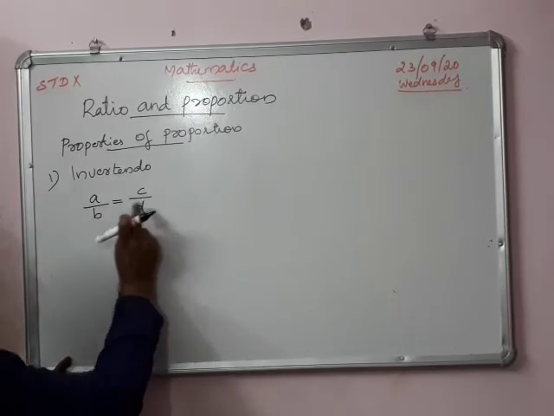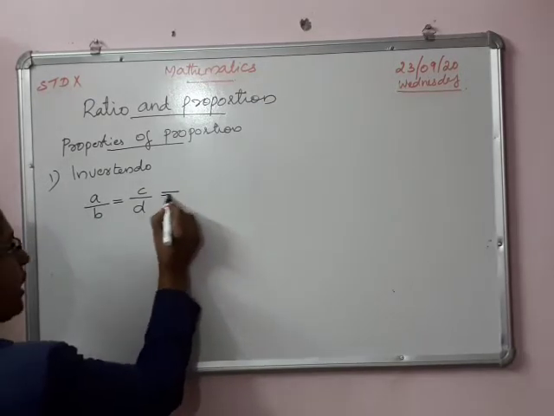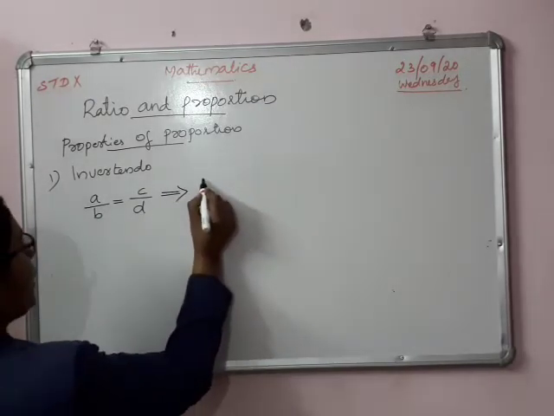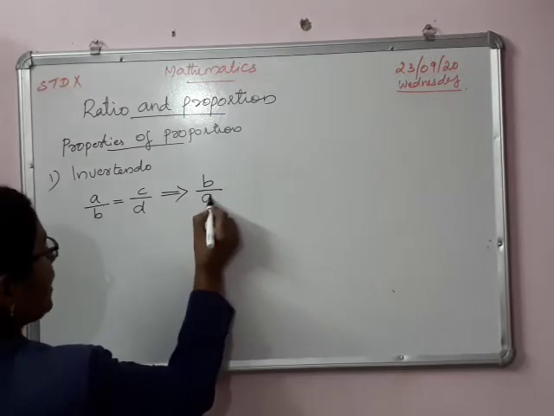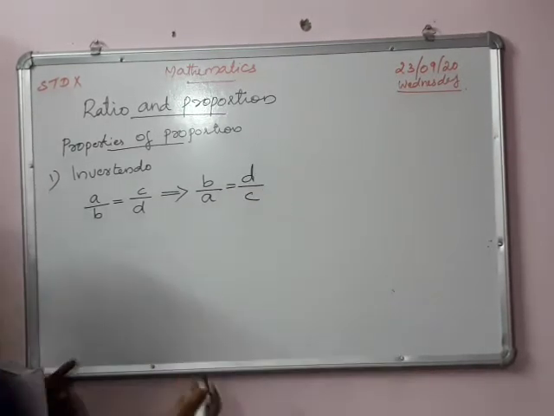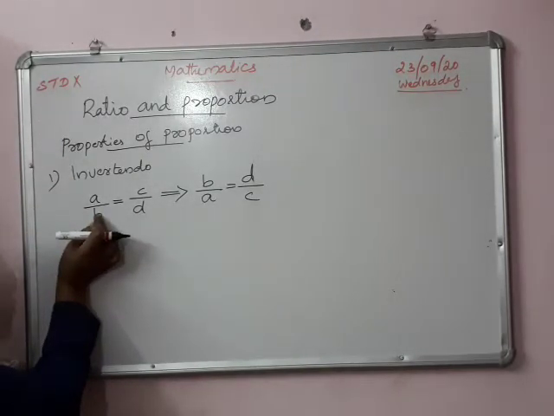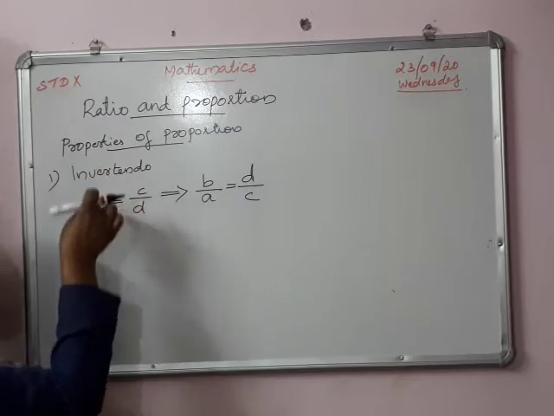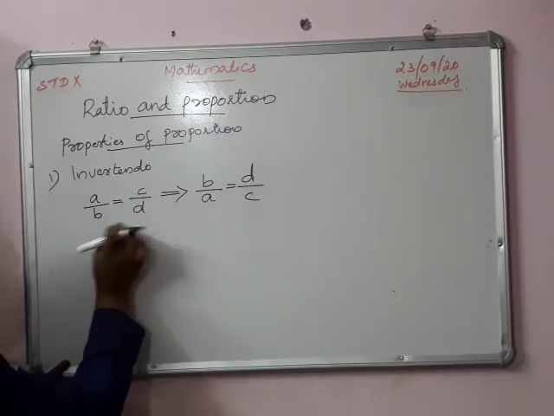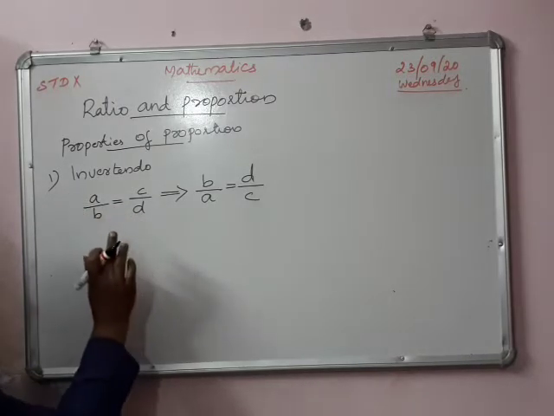A by B is equal to C by D means we can write it in the form of B by A is equal to D by C. Invertendo means the denominator becomes the numerator and the numerator becomes the denominator, similarly on both sides, LHS and RHS. That is invertendo, very important one.